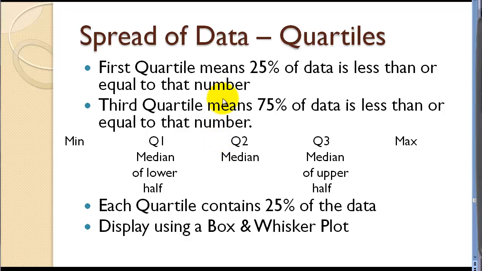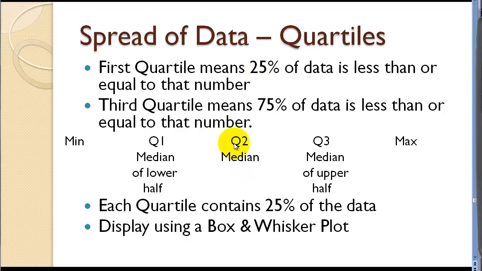Now, we talked about the range, which was the distance between the min and the max, but we may also want to break the data up into groups. A frequent one is to break it up into quartiles, meaning we're going to break the data up into fourths. So the first quartile is the score where 25% of the data is less than that number.